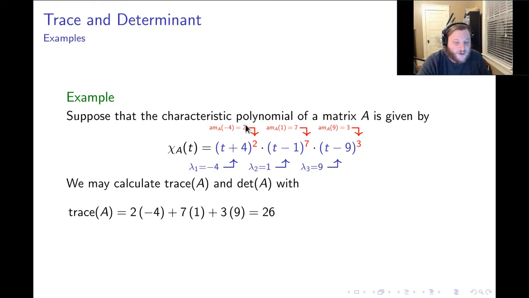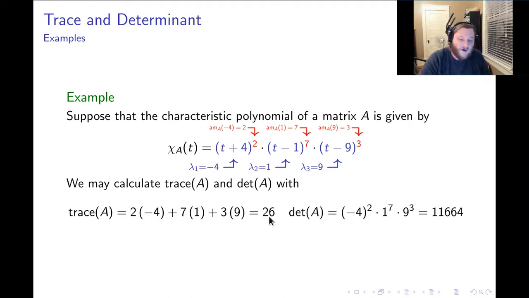So here we should get negative 4 multiplied by 2, plus 1 multiplied by 7, plus 9 multiplied by 3. And when we add all those terms up, we get 26. So whatever our matrix is, we know that its trace is 26.